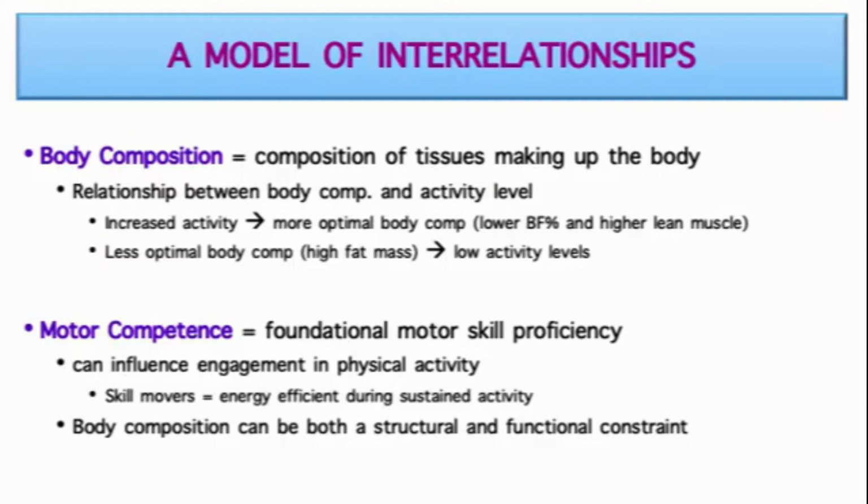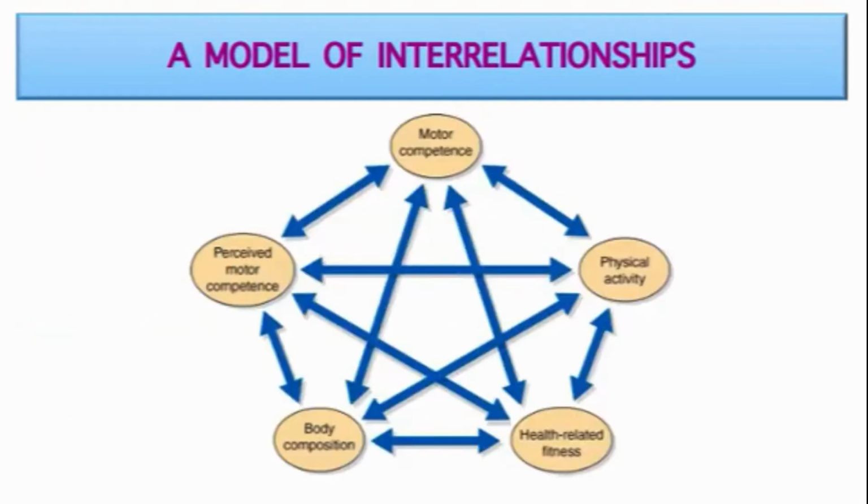And if we have an ideal or optimal body composition, where we've got this concept of lower fat mass, higher lean mass, we become more efficient movers, right? And it's easier to engage in activity and therefore practice activities so that we can gain more competence and skills that maybe we might have a lower foundational skill proficiency in. But the main thing is to look at this web and to see that everything is interconnected, right?